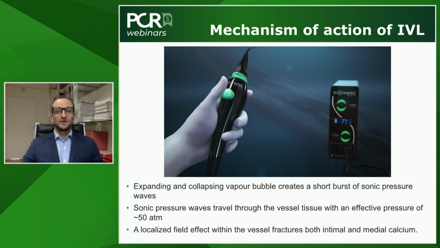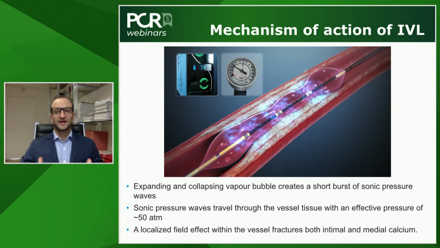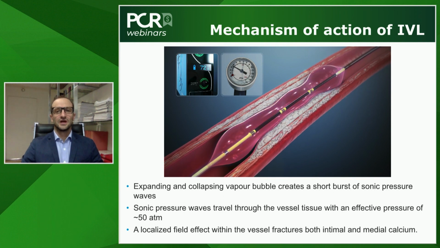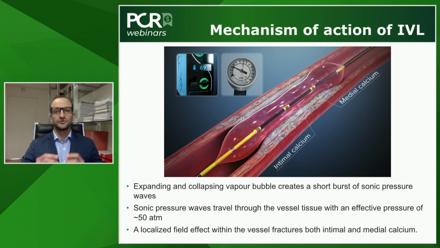Thank you, Emanuele. So you know that the shockwave technology is made of three components. You can launch a video. So there is a generator, there is a connector, and there is a catheter. And almost all of the technology is enclosed in the catheter, which is an angioplasty balloon with intravascular lithotripsy emitters.